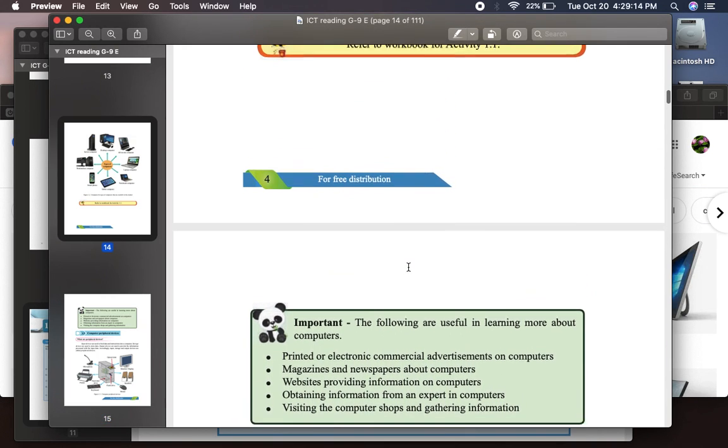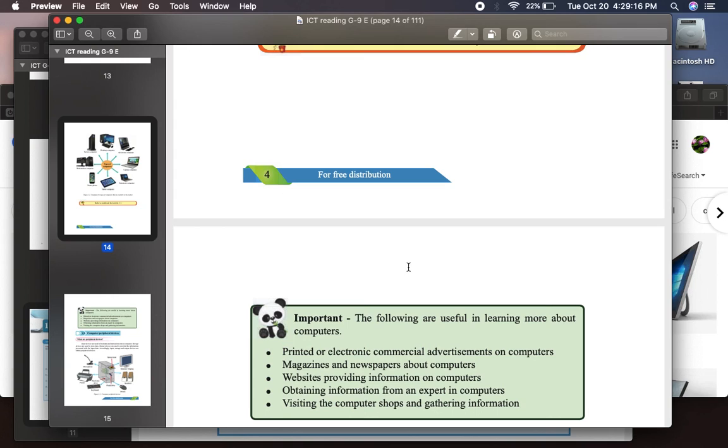So these are activities that you can do to find out various information about computers when you need to.